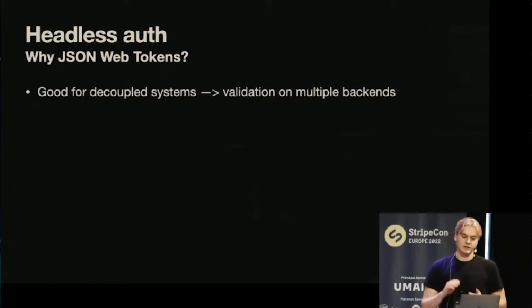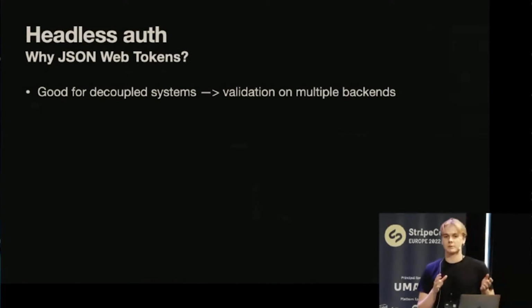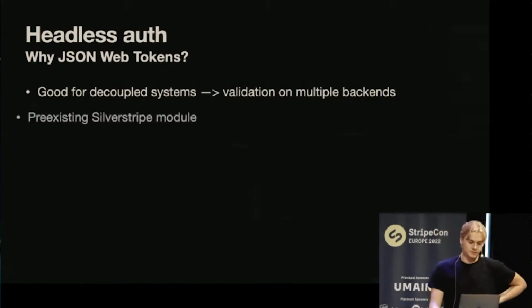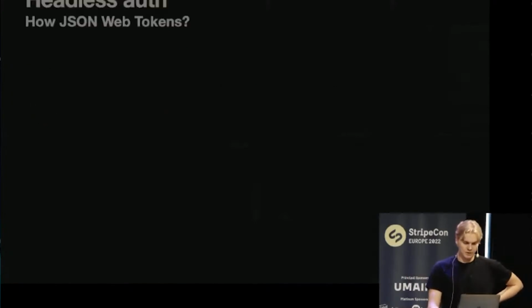We can use validation on multiple backends, so we can validate our tokens in Silverstripe, but we can also, for example, give our e-commerce backend a private token and also validate calls to the e-commerce for carts and stuff like that. And there's a module for it in Silverstripe, which is super nice. So we decided to go with that.